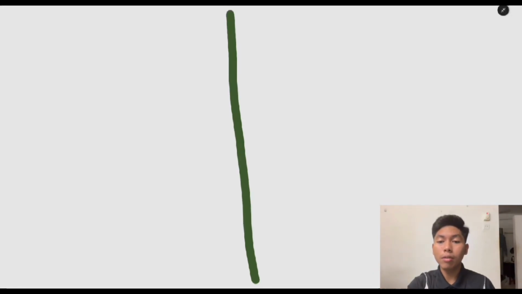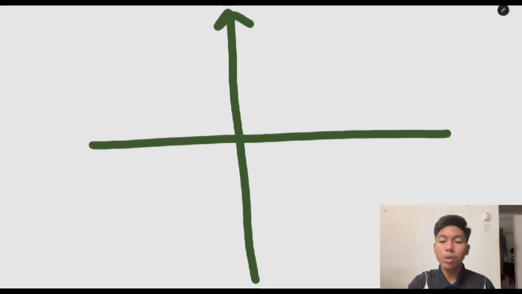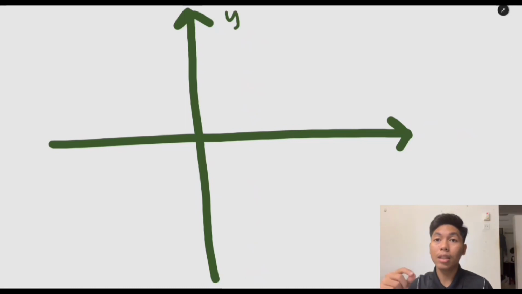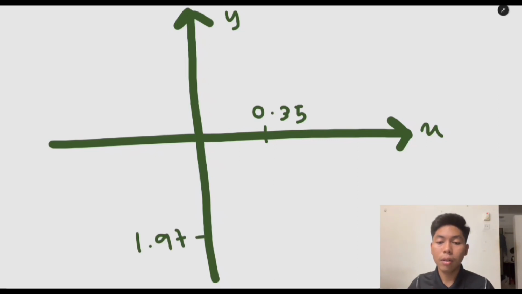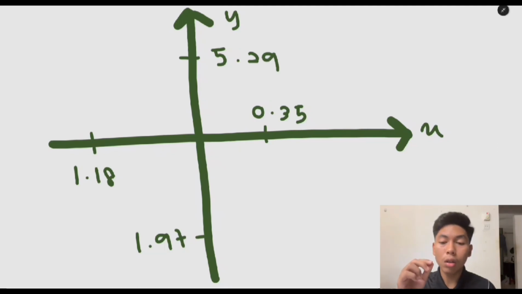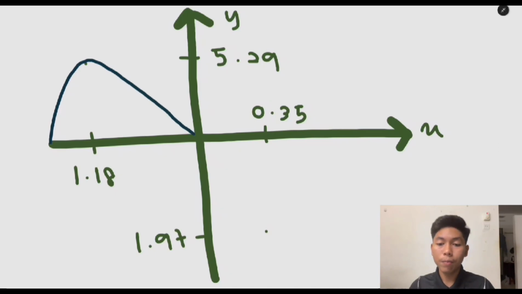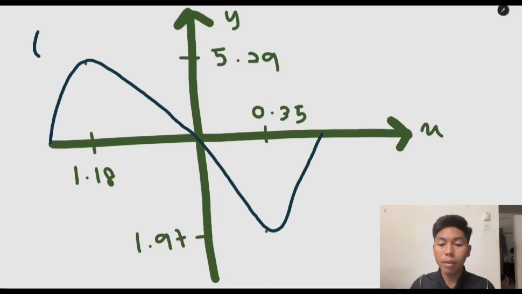So for the graph, we draw a y and x axis. So we put the coordinates at the graph, and then we draw a little dot at the coordinates (negative 1.18, 5.29) and (0.35, negative 1.97).